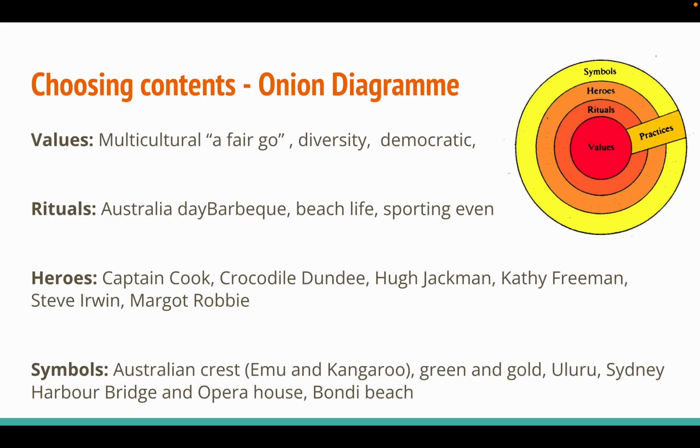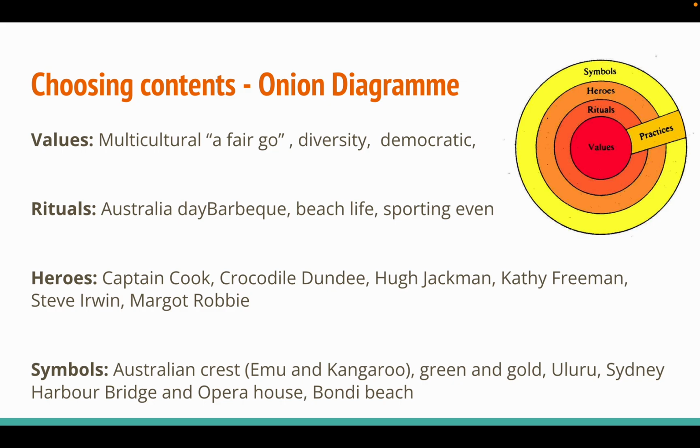Great. All right. So in order to gain some intercultural competence, we would like to peel off some layers of the onion diagram. We see some values, which are multicultural, a fair go, diversity, and democracy. The ritual is the Australian Day barbecue. They love barbecue, the beach life, and sporting events.